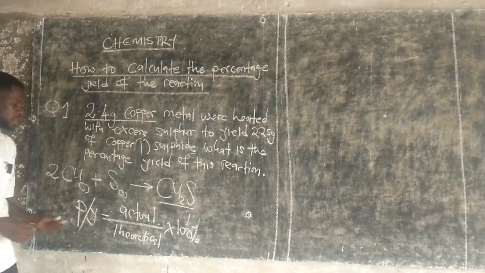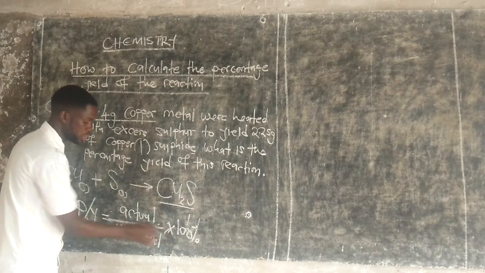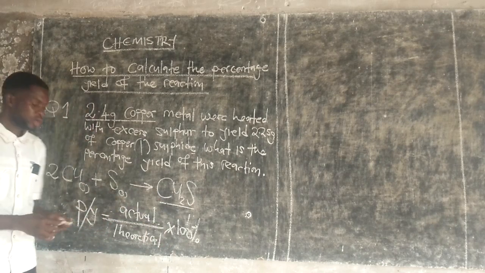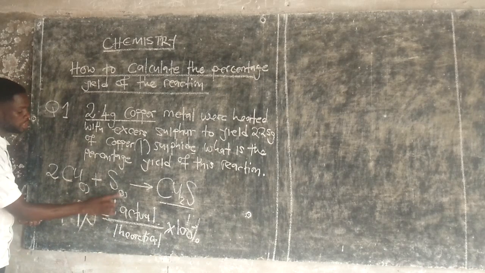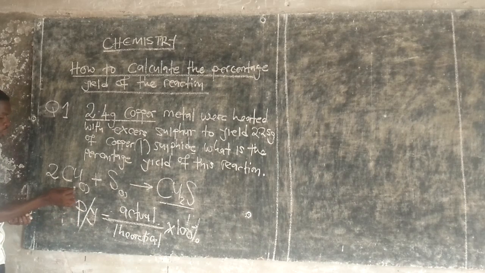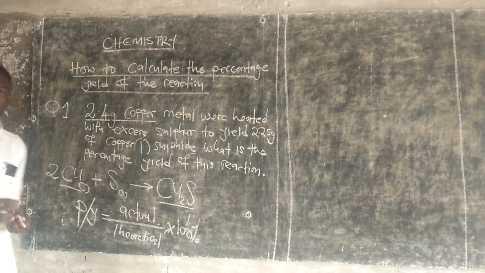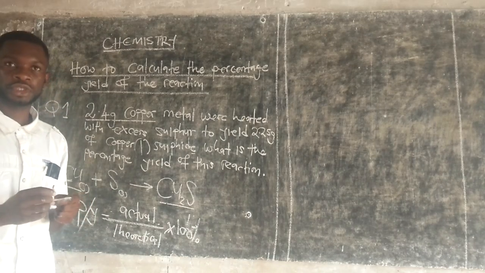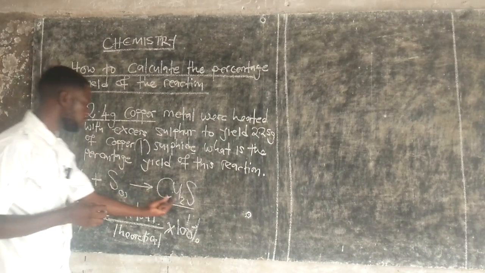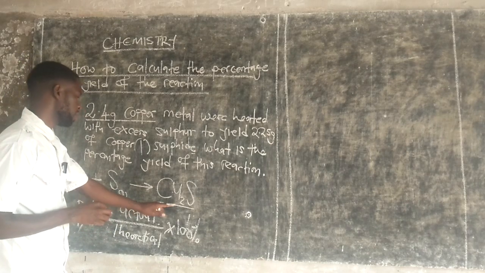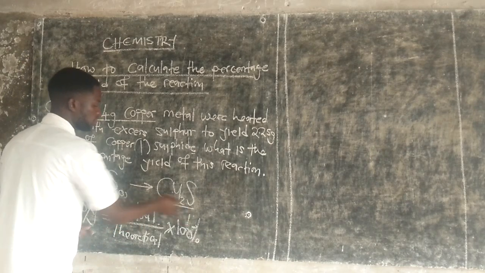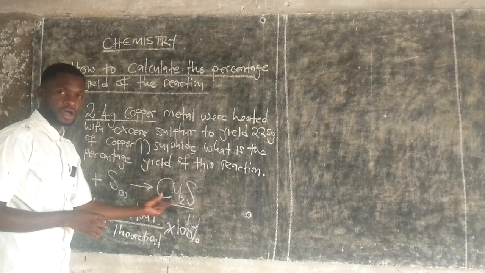The first thing we're going to do is calculate the number of moles of copper, then use the mole ratios to calculate the number of moles of copper sulfate, and later calculate the grams of copper sulfate.